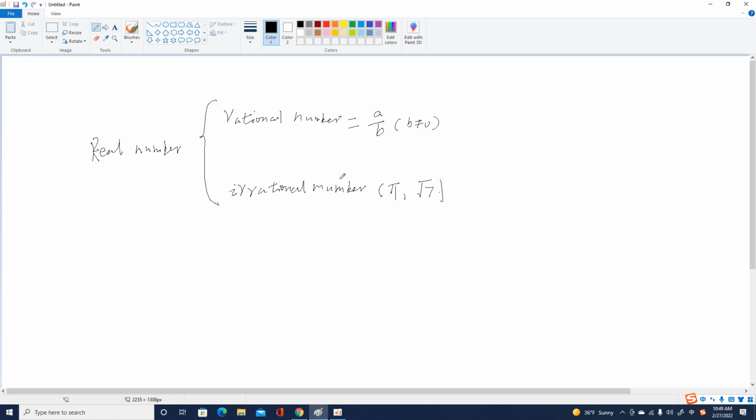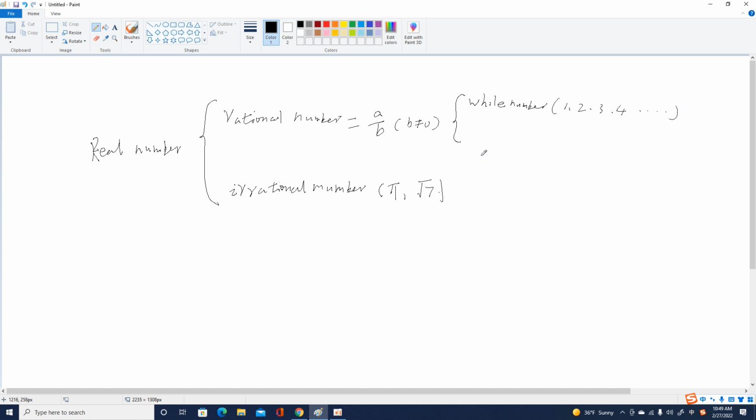Rational numbers also include some special cases, such as whole numbers. Whole numbers are numbers such as 1, 2, 3, 4, 7.